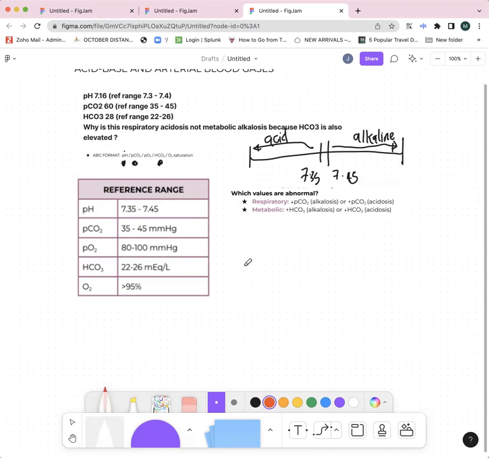The next thing then is to interpret the pH. So in this case, our pH is 7.16, and that means that it's below 7.35, right? So this means that it's acidic.